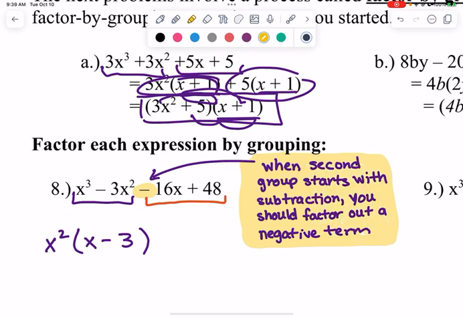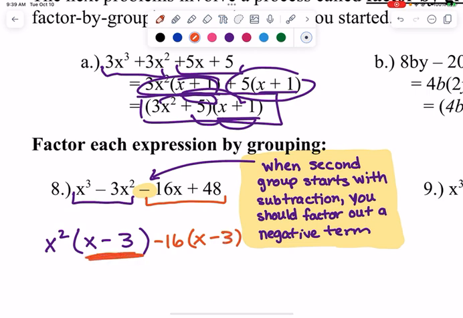So for 16 and 48, the common factor is 16, but I'm going to specifically factor out negative 16. That way, this second set of parentheses matches what we already had in that first group. So negative 16x divided by negative 16 leaves you with x, and then positive 48 divided by negative 16 leaves you with negative 3.